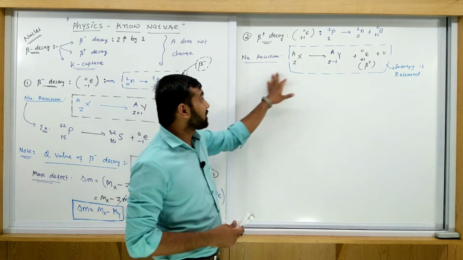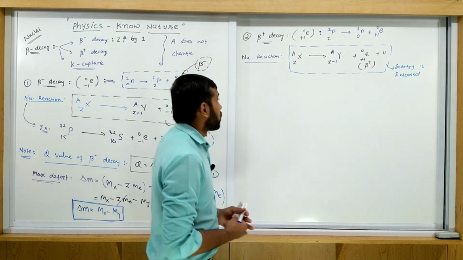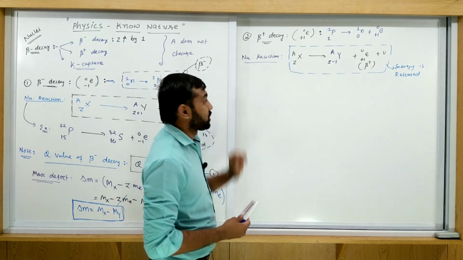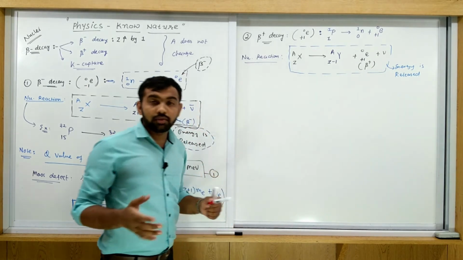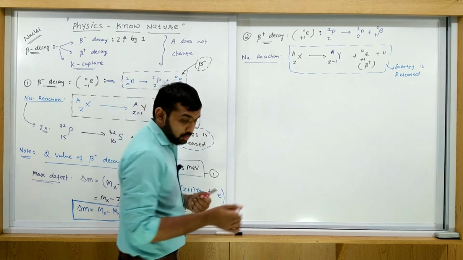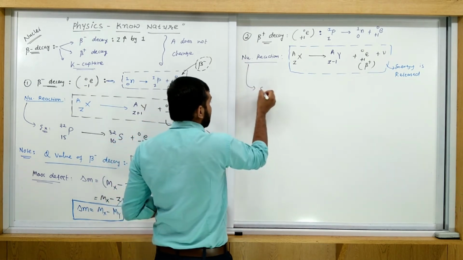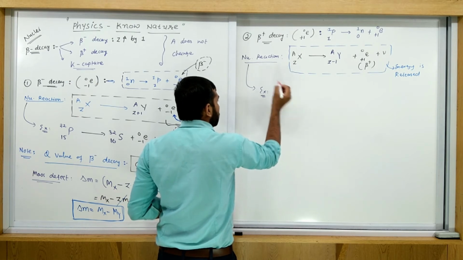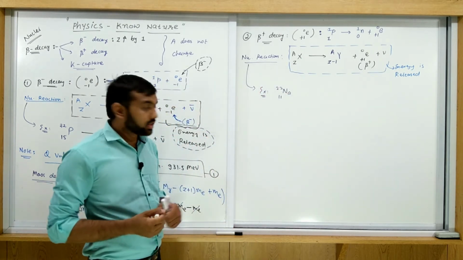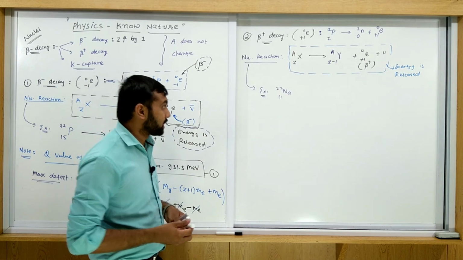Okay, but this is the simple situation. If you consider this relation, is there any example we have? Then we have a very simple example. Let's take the example: sodium 11Na22. This is one example of beta plus decay.